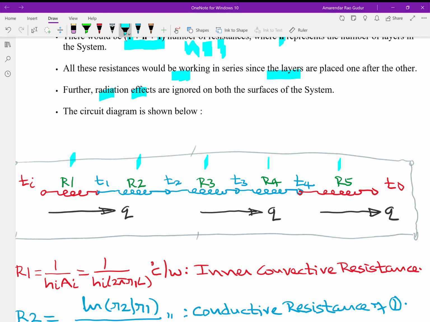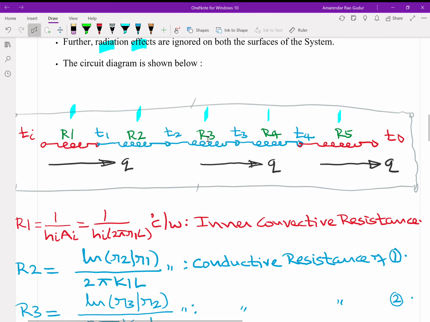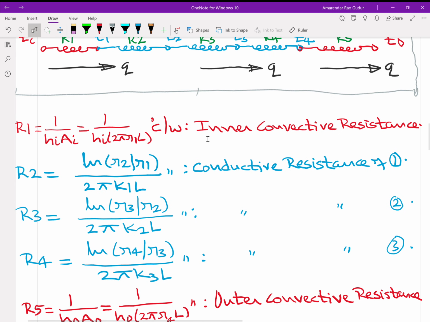Here R1 represents the inner convective resistance, which is given by 1 by hiAi, that is 1 by hi 2 pi R1 L. We realize that Ai stands for the inner surface area of the composite cylinder.